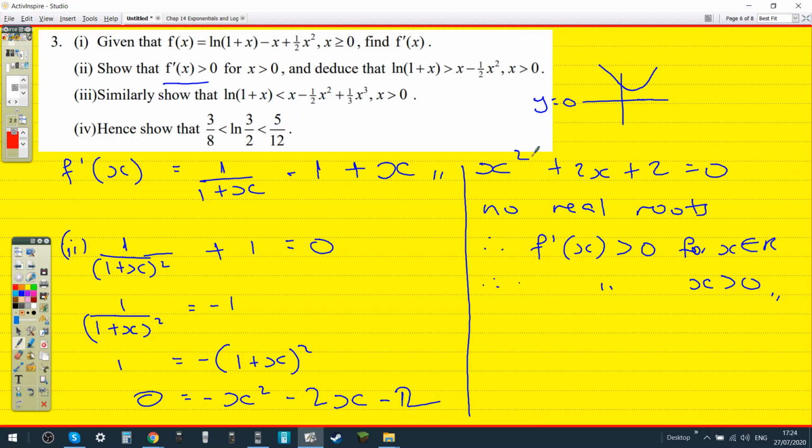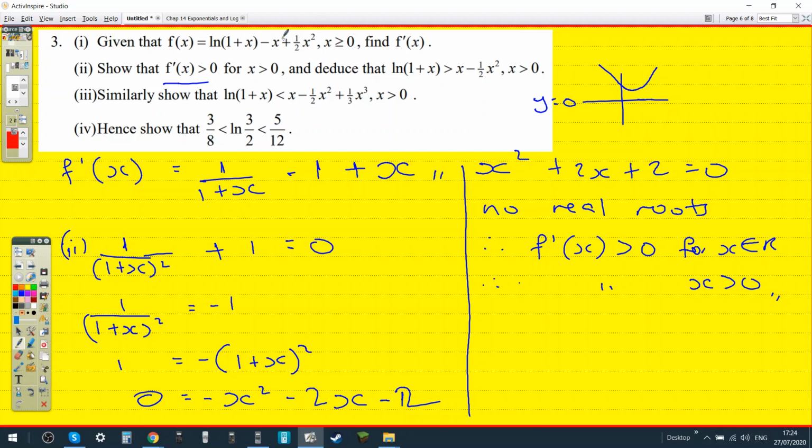So ln, if they're to bring that to the other side, x is greater than or equal to 0, x greater than 0, that this one has to be greater than this.